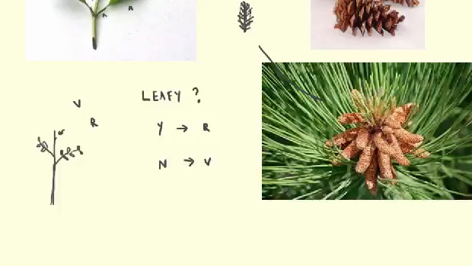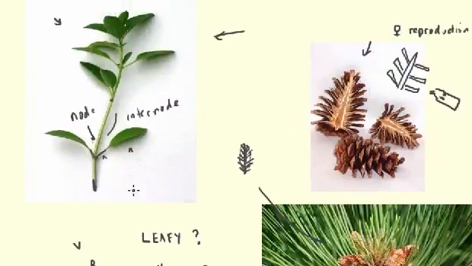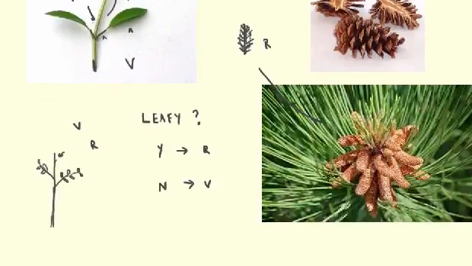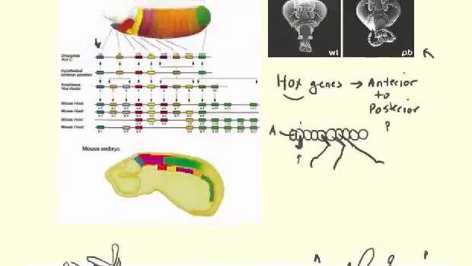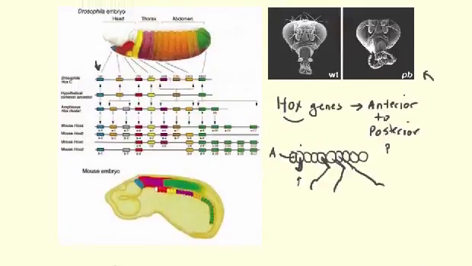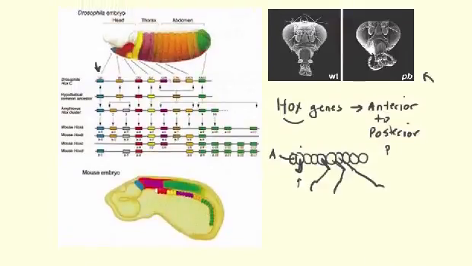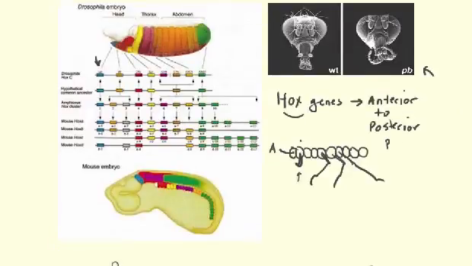So yeah, what determines whether a branch grows up like this and is vegetative, or grows up like this or like this and is reproductive, is determined by the presence or absence of transcription factors that are influencing the way that the plant develops. Okay. So yeah, that's part one. It's actually very similar to what goes on in the case of an insect or a mouse or any of the animals that are following the rules set up by the Hox genes. Okay.